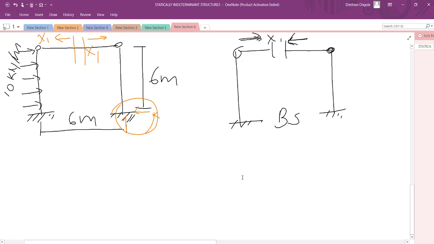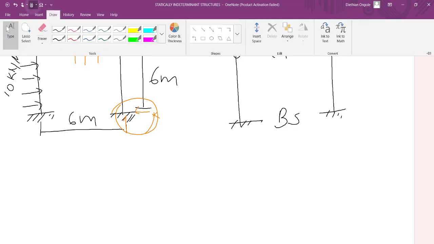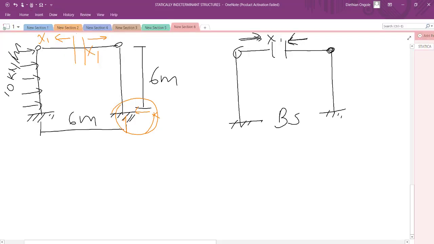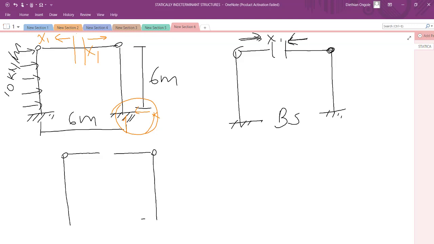So after doing that, we said we have to draw the bending moment diagram due to the original loading, and then the bending moment diagram due to the action of the unit force. The bending moment diagram due to the original loading would be as follows. So I have a structure of this nature with a hinge there.